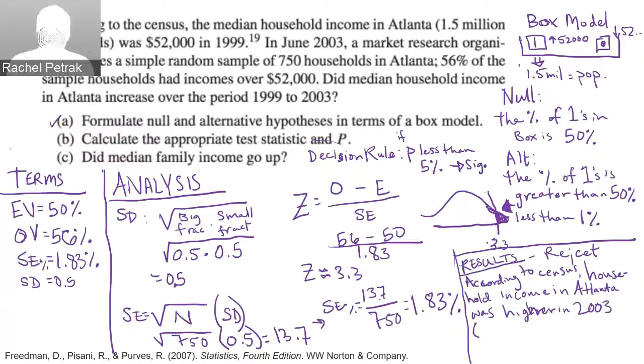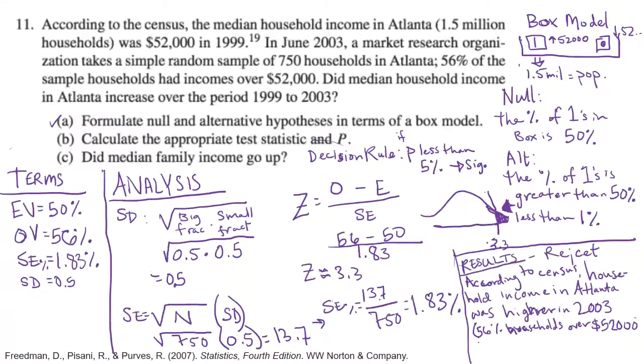Since the way we measured this was in percentage over $52,000, we can just report it like that. 56%, we should really say 56% of households over $52,000 annual income.